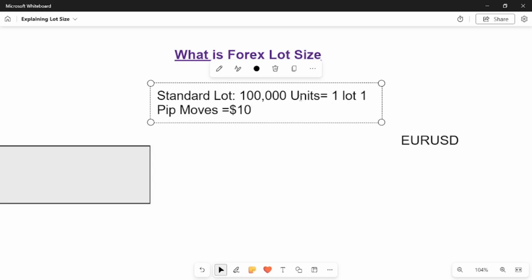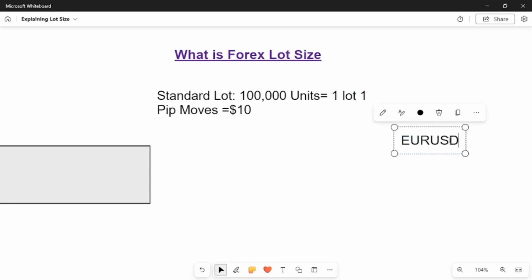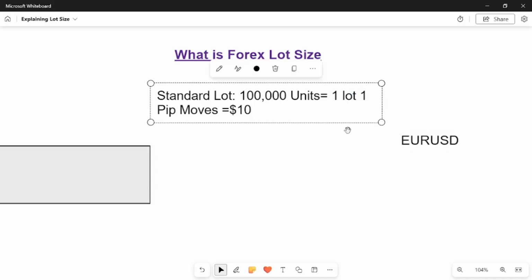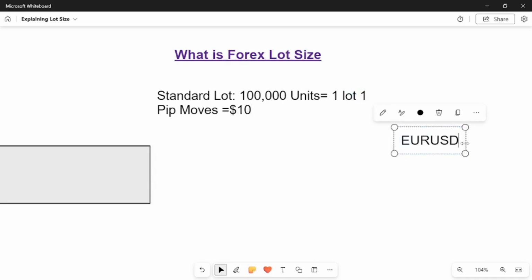For example, if you are trading the standard lot size of 100,000 units of a particular currency, which is one lot in your broker, then once there's a single movement, for example, let me say the EUR/USD market price is currently at 1.2436, and let's assume this is the current market price.